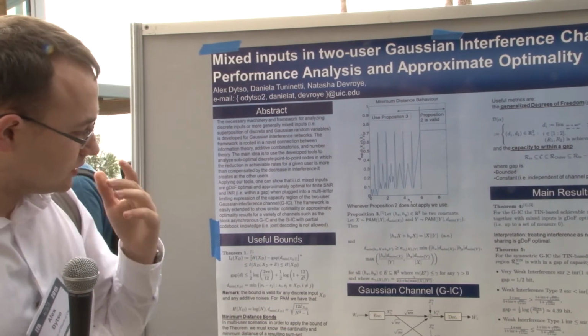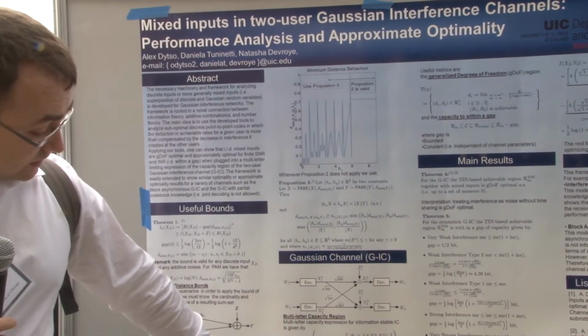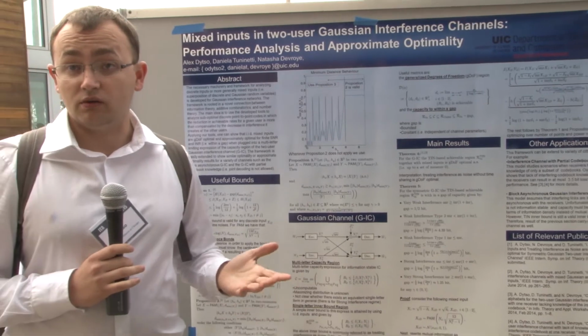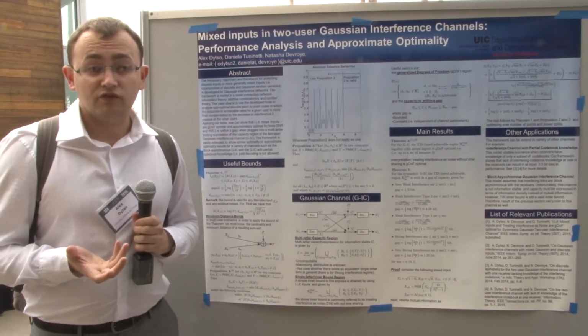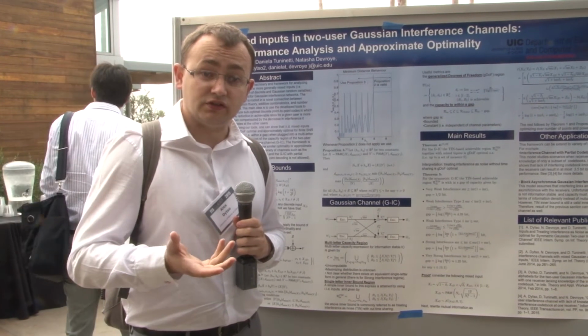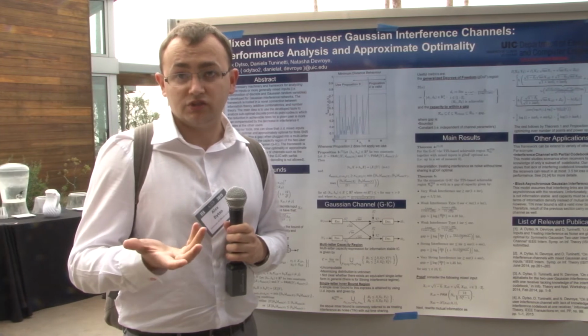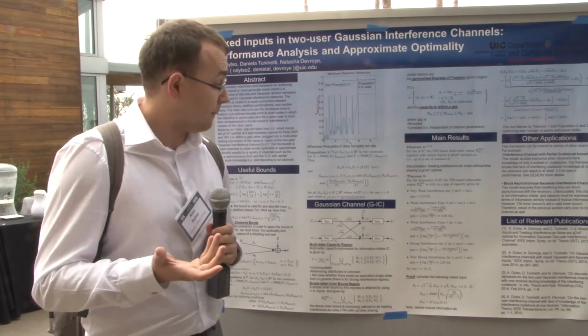Here are our results. In terms of generalized degrees of freedom, this inner bound and the capacity are equal, so treating interference as noise without time sharing is optimal in the generalized degrees of freedom sense.